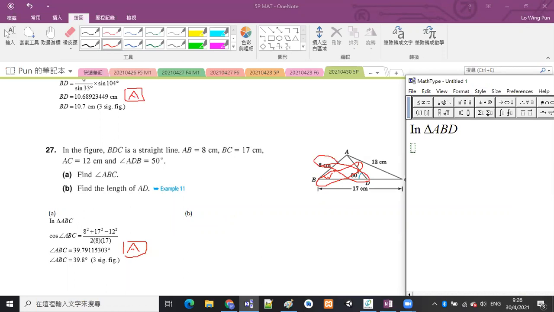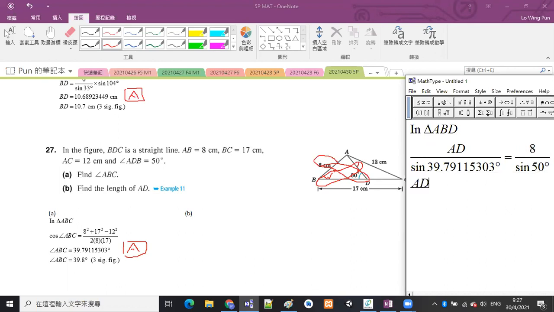I want to find AD, so I need to put AD on the top left corner and then divide by sine the 39.79115303 degrees is equal to the other pair. Okay, putting the length on the top, which should be 8 on the top, and then sine angle, that is 50 degrees on the bottom.